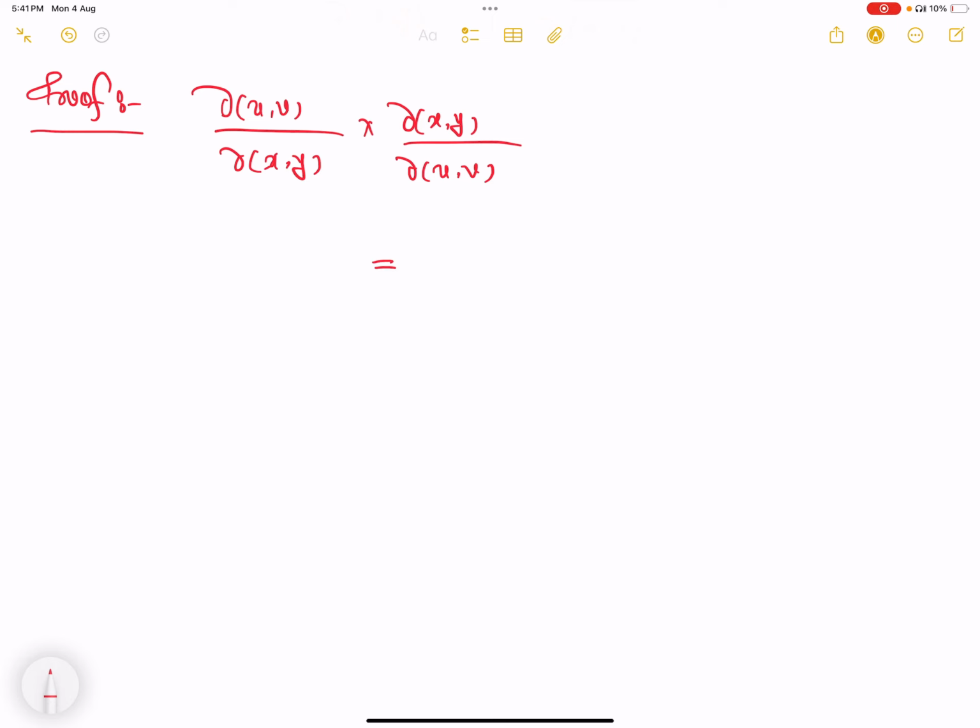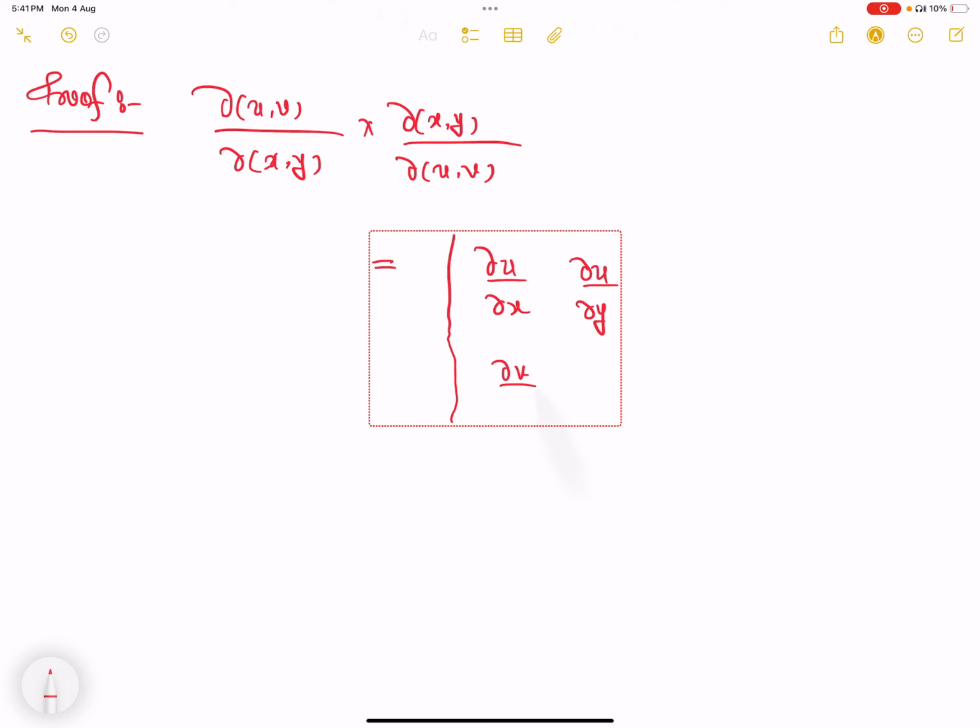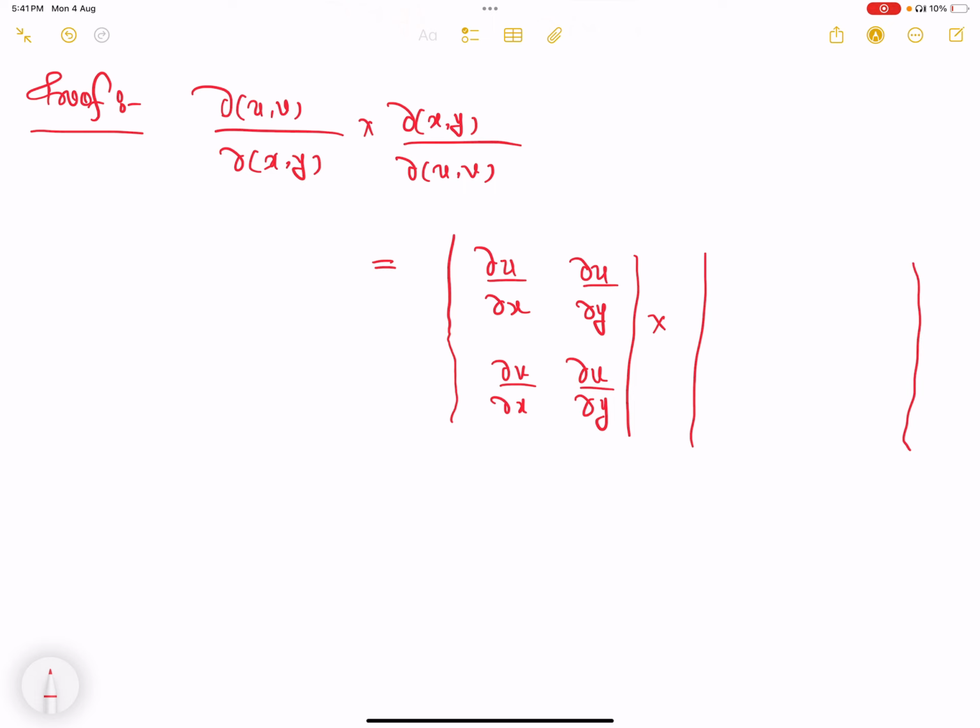This is equal to the determinant with rows del u upon del x, del u upon del y, and del v upon del x, del v upon del y, into the determinant with rows del x upon del u, del x upon del v, and del y upon del u, del y upon del v.